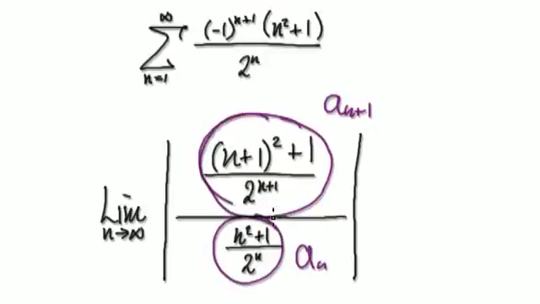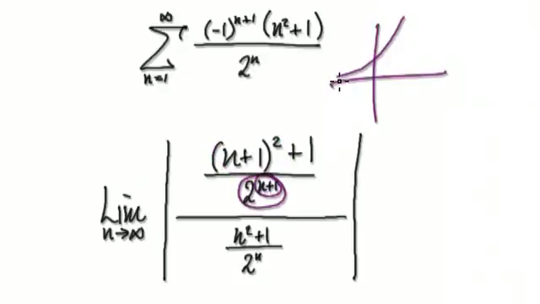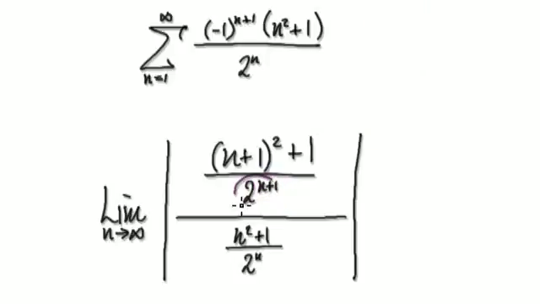So this here is your a_n. This here is your a_{n+1}. And also remember, n is from 1 to infinity. Looking at this, it will never be negative, because you're going to square it. 2 to the power of n looks something like this, and this thing here is not going to be negative either.